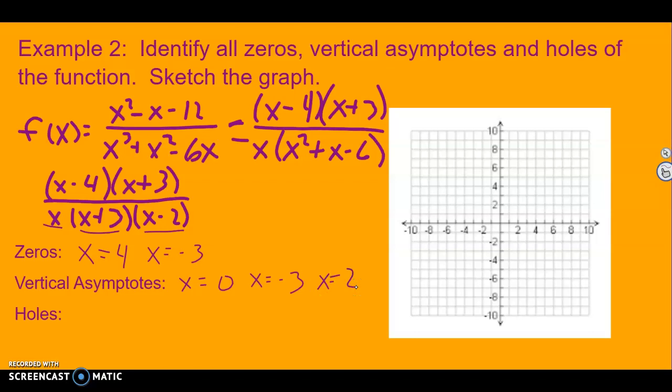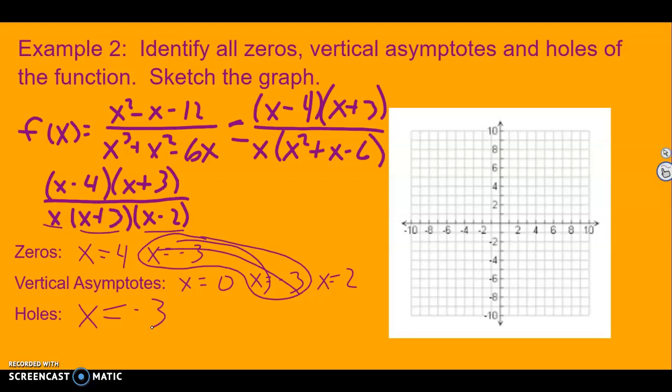Now I need to recognize, are there any holes? We look, yes, there is a value that is both a 0 and a vertical asymptote. That is not possible. So I eliminate those and I say at negative 3 we have a hole because you can't be both defined and undefined at the same time.